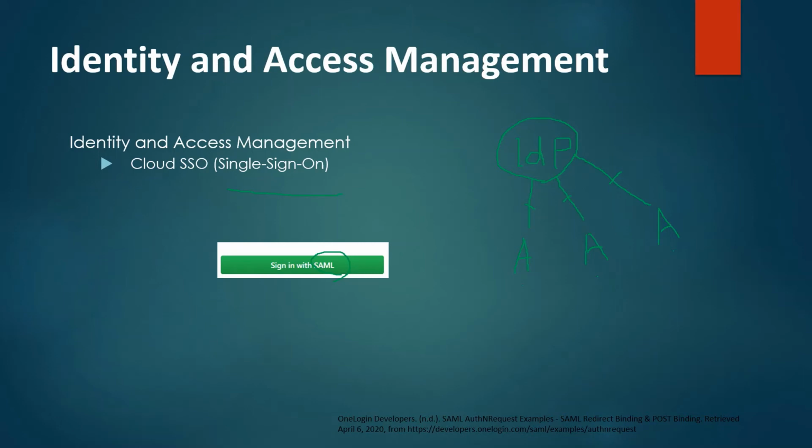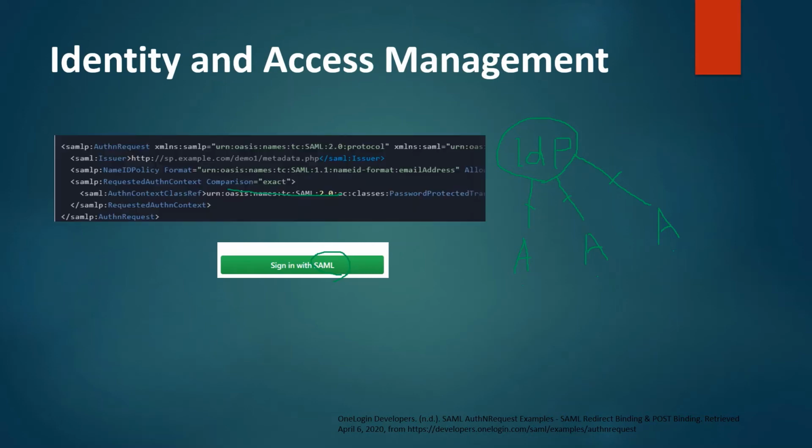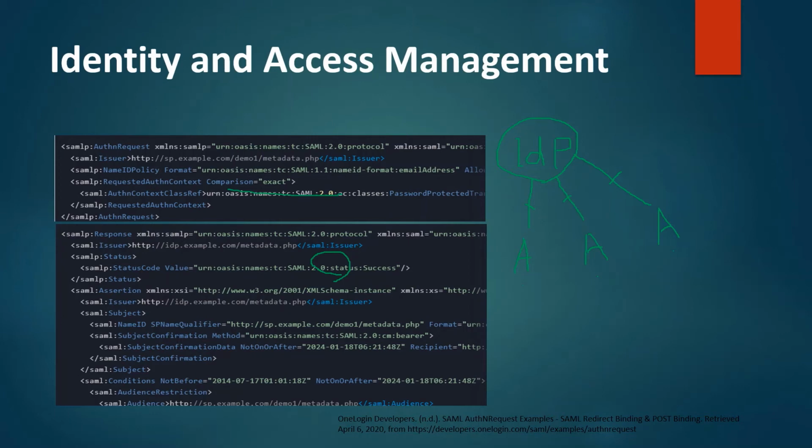When you log in to the SAML application for the first time, the request is passed to the identity provider and the authentication result is returned to your SAML and then used to automatically grant access to the different applications. This process is completely transparent to the users.